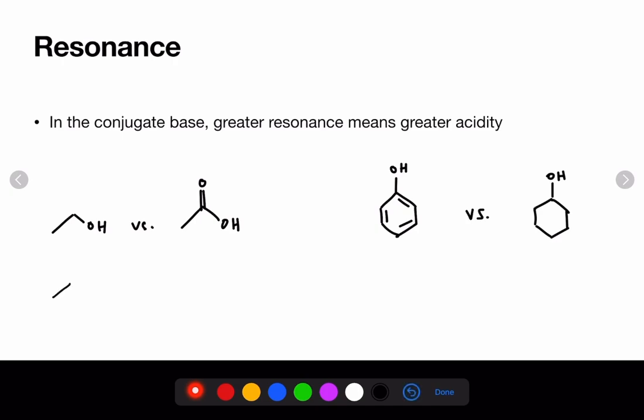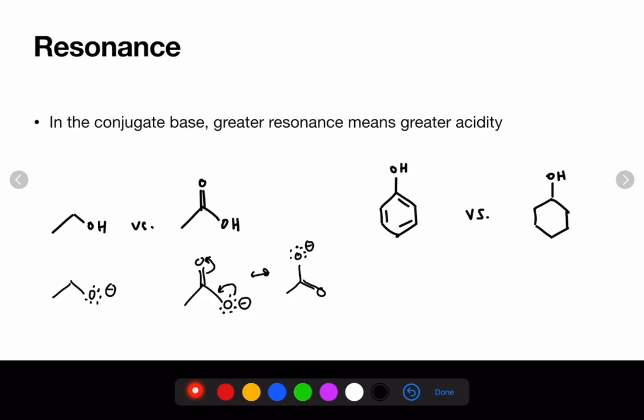Let's look at our first example. This is the conjugate base for the first molecule, and this is the conjugate base for the second molecule. Now, only the conjugate base for the second molecule has resonance, as shown below.